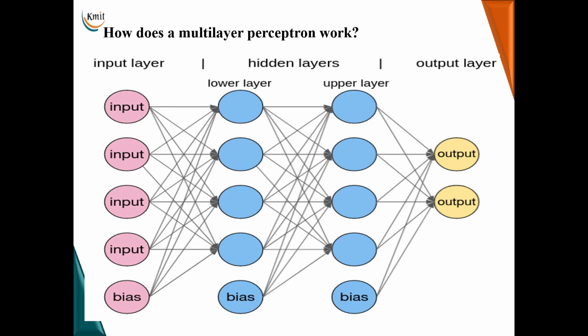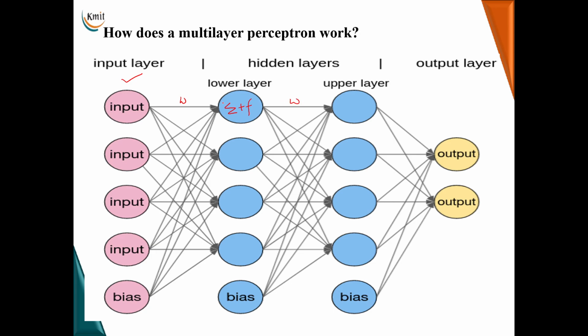Now, how does this multi-layer perceptron work? You can see that I have an input layer, two hidden layers and an output layer. The input nodes represent features of the dataset that we have extracted. Next, each input node passes the vector input value to the hidden layer with some weight. Now in the hidden layer, what will it do? It performs a weighted sum as well as applies the activation function onto that weighted sum.